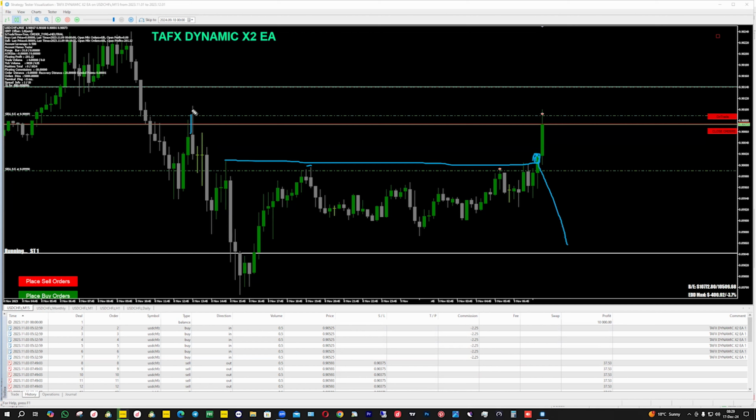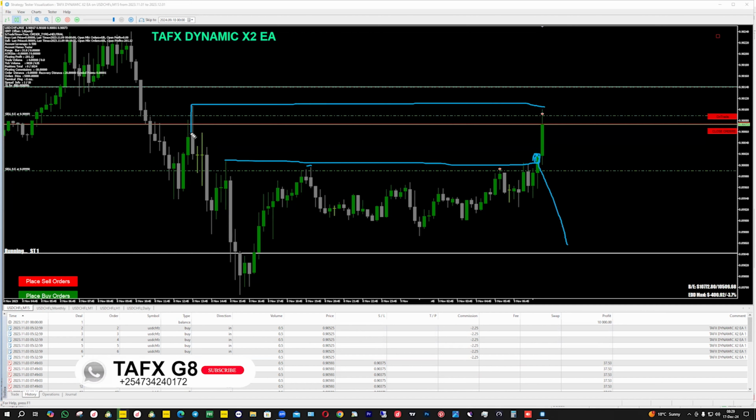So with this long wick, we have another order block here where we call the engineer, and now that one becomes our extreme.